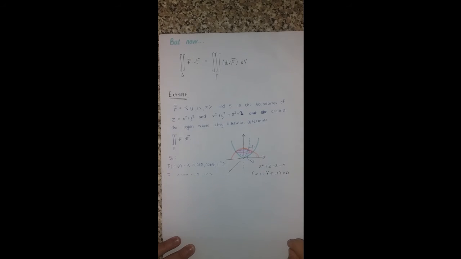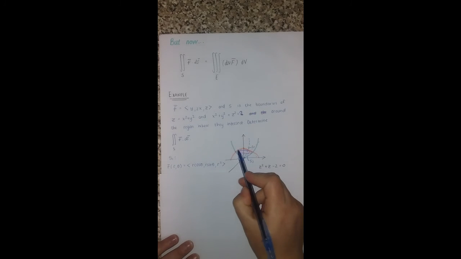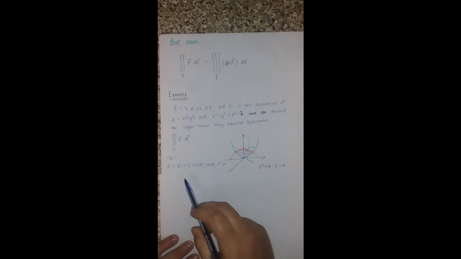our flux integral for. So normally, if you didn't know about divergence theorem, you would have to break it up into surface 1 and surface 2, which is like the top part of the sphere and the bottom part of the paraboloid. So let's do that and see where we get that. So first thing you can do is surface 1 is the top part of the sphere. So then you can parameterize the sphere.